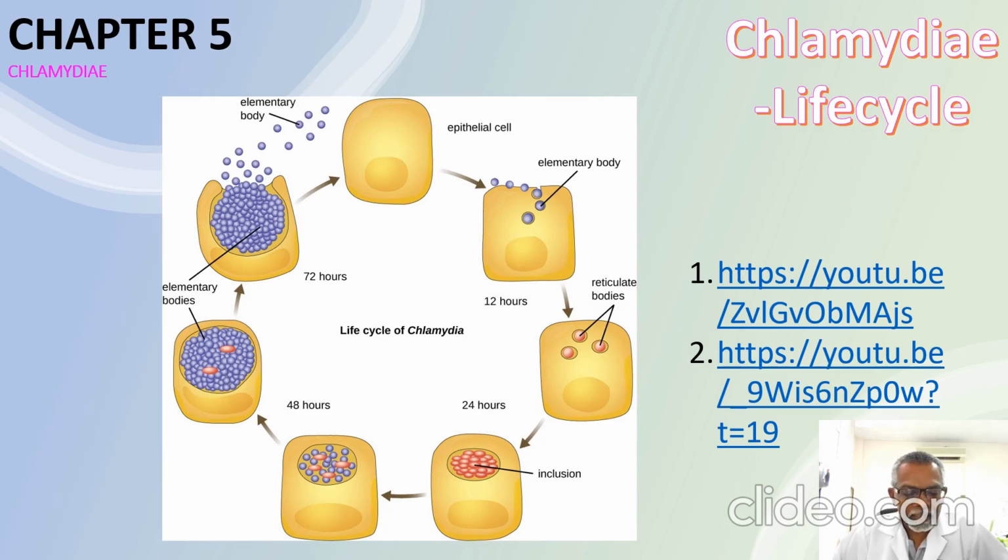Exocytosis or lysis takes place where the invaded cell is ruptured into many pieces. Now both EB and RB will try infesting adjacent cells to prevail on the system, repeating the cycle. You may also follow the given link to watch videos regarding life cycle of chlamydia.